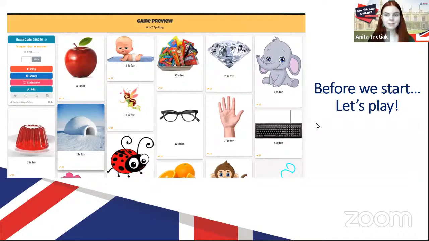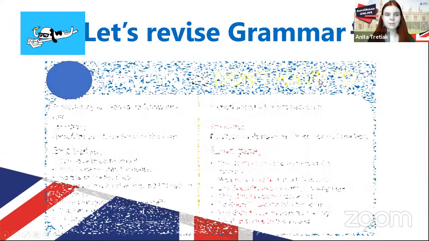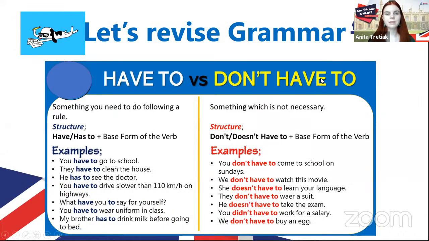We did this. And now we're going to revise the grammar. And today we're talking about have to and don't have to. So first of all, let's say what is the meaning of these phrases and why we need them and what examples we can use. First of all, have to is something you need to do following a rule.